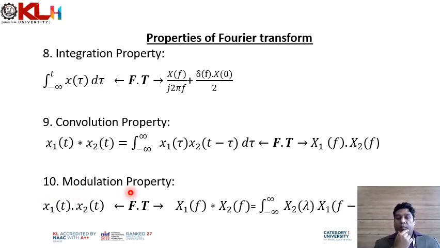The modulation property tells that the Fourier transform of the multiplication x1 of t multiplied with x2 of t will be the convolution of capital X1 of f with capital X2 of f. So if you are doing the multiplication of the signal and then you take Fourier transform, the Fourier transform will be having the convolution of individual Fourier transforms.